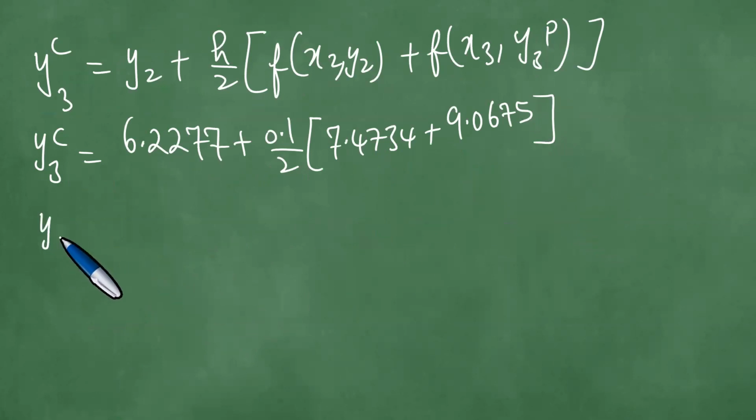Let's see what y3 corrector is going to be. Just using my calculator quickly, because I just need to verify that we're getting the correct answers here. 6.2277 plus 0.1, you divide by 2, then you multiply by 7.4734 plus 9.0675.